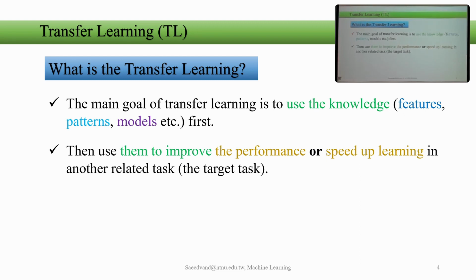After doing that, we want to improve the performance or speed up the learning of the new model on the other tasks that we have. So we always have two tasks. We already trained some network on task A. For task B, we want to use the knowledge by transferring some information from the first learned network.